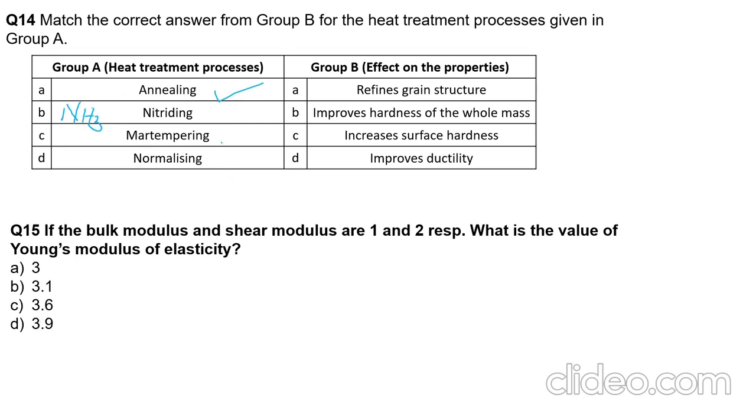In mar tempering, you are converting the material to martensite first, and then you are also tempering it. That means you are first cooling it at a very fast rate and converting it to martensite. And once the martensite transformation has started, then you temper it. Then you try to avoid, for example, brittle fractures in martensite regions.